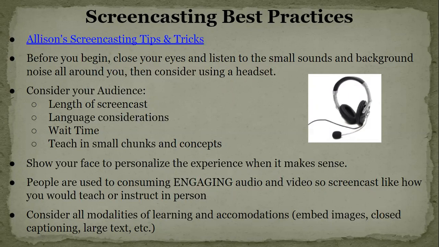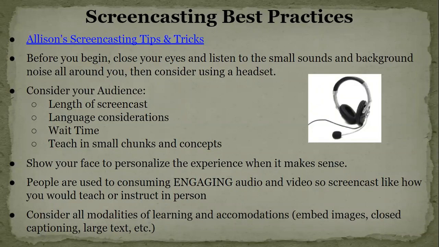The length of the screencast should be, I know everybody talks about that rule. I don't even know exactly what the rule is, but for this amount of time or for the age of the student, you should only be providing them with this amount of instruction. And that's true, right? You're not going to make a first grader watch a 45-minute lecture, but also should we be having our secondary kids do that, or even our adult learners?